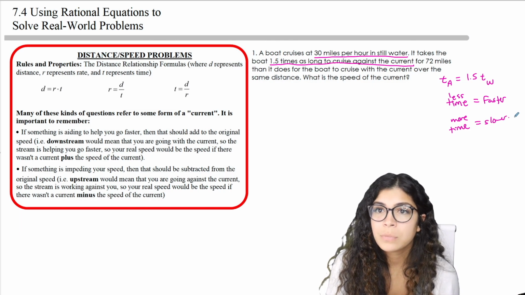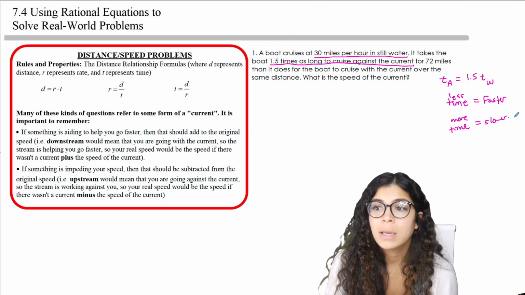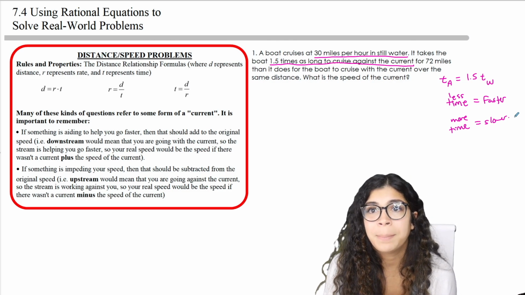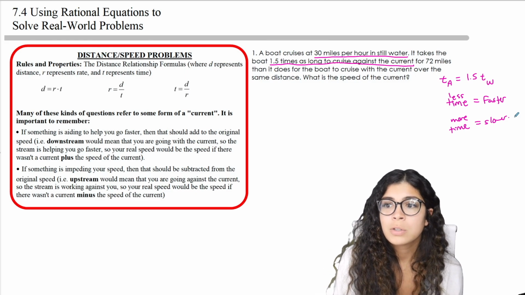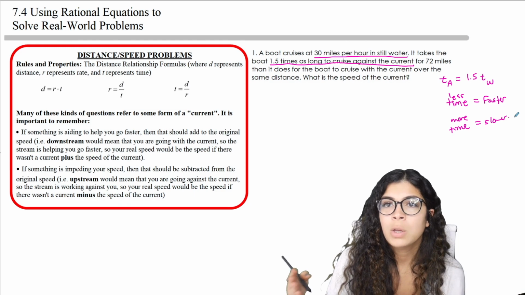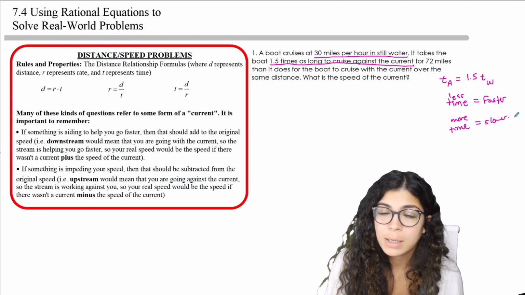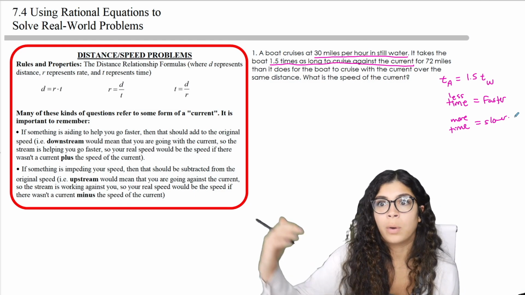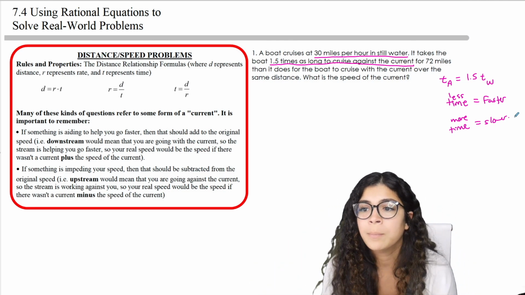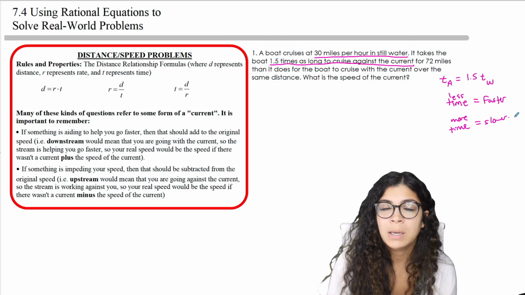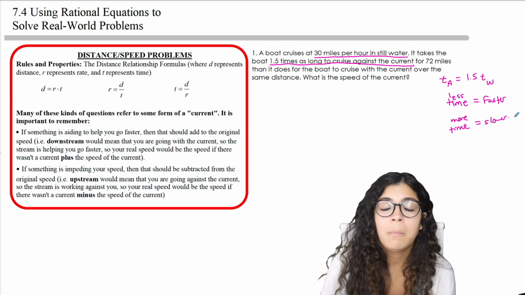The time to go with the current multiplied by 1.5 would be the time to go against the current. So it takes more time to go against the current than if you were going with the current. Going with the current is faster. When you're going against the current, then you're going to be slower. So the time against would be whatever the time with is multiplied by 1.5.